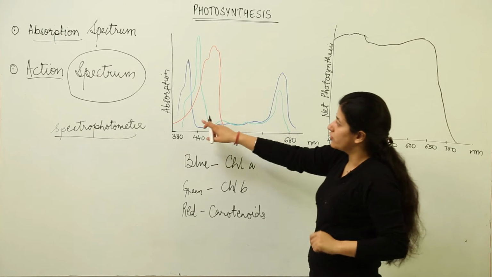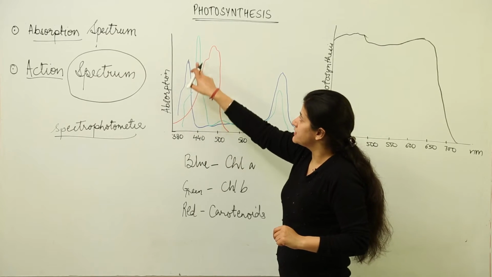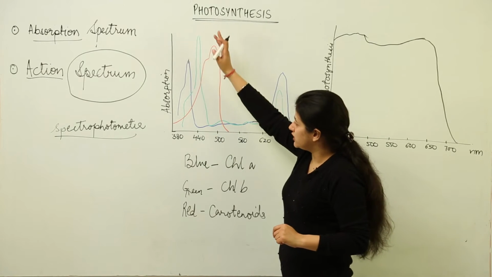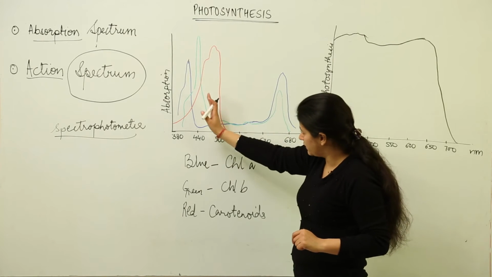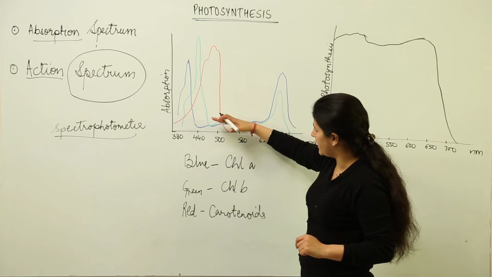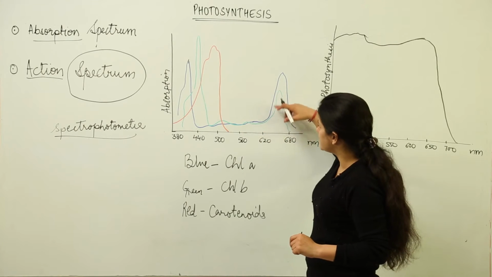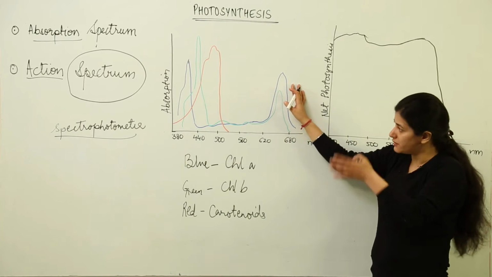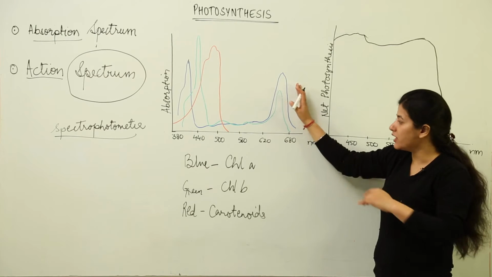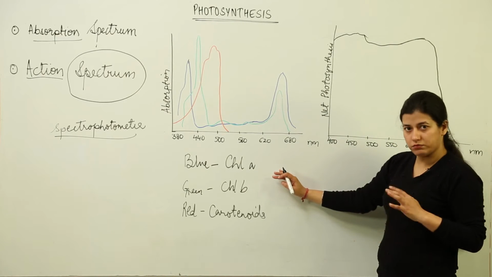Similarly, in the case of chlorophyll B, the absorption is maximum in this blue region, then it sharply declines, and then in a wavy pattern very low absorption takes place, then it rises again in the red region, similar to what chlorophyll A is doing. So chlorophyll B has this absorption spectrum.